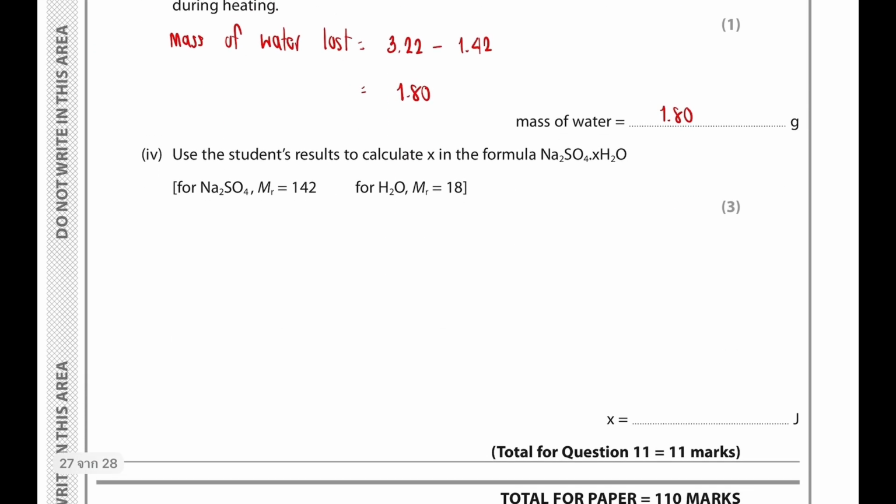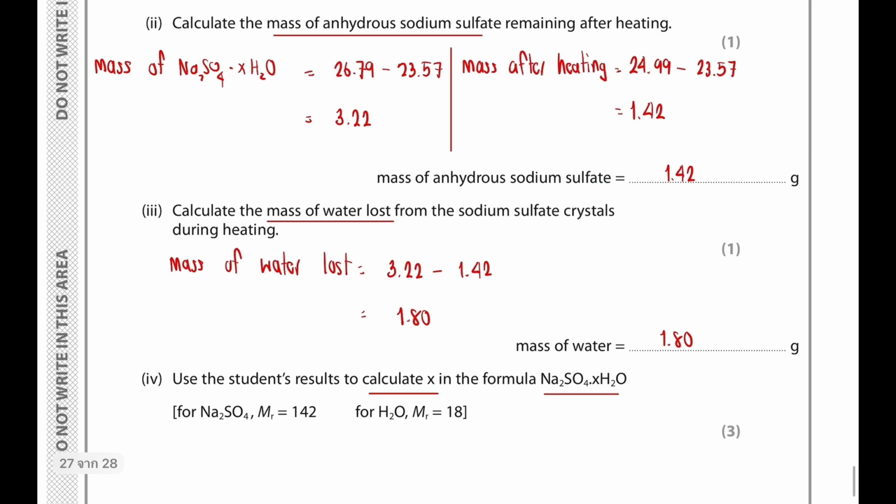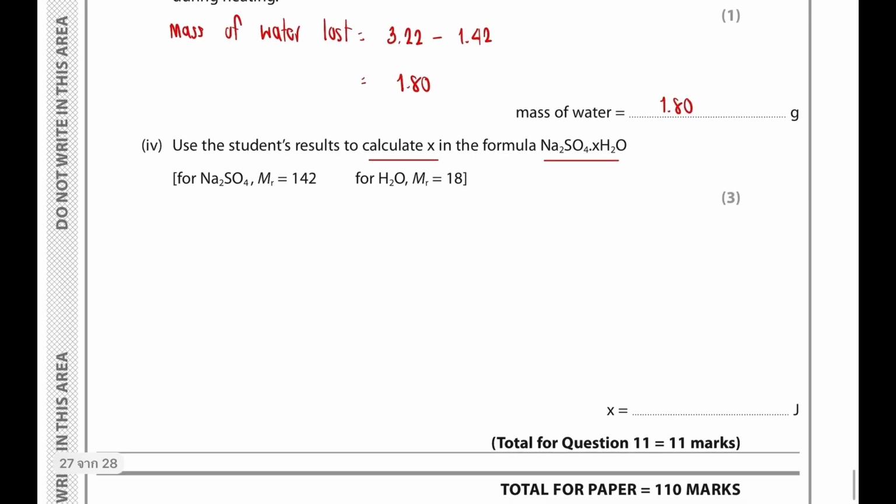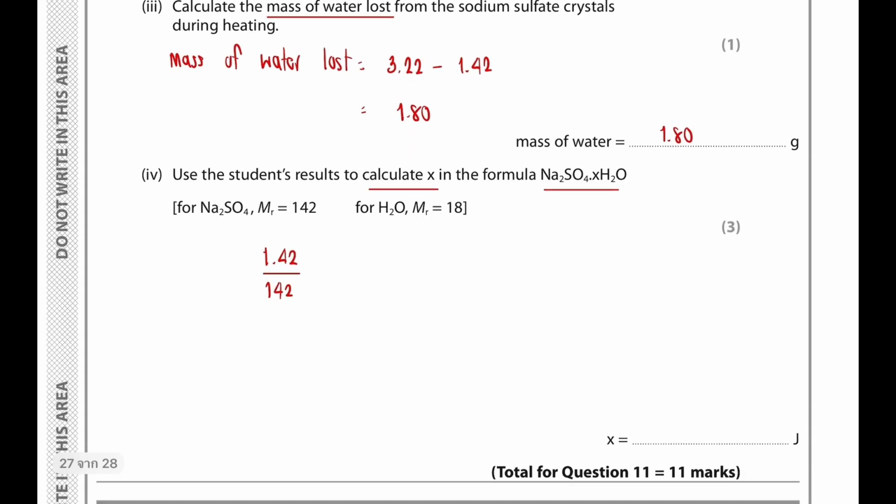Then use the student's result to calculate X in the formula of sodium sulfate with X water. So we have the moles of sodium sulfate, which is equal to 1.42 divided by Mr, which is 142. And we will compare with the moles of water lost, which is 1.8 divided by Mr of water, which is 18.